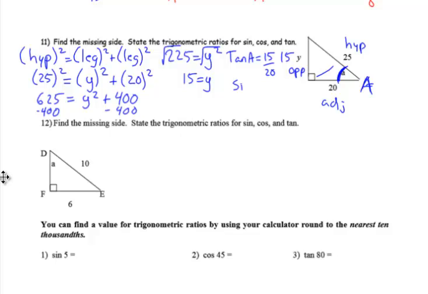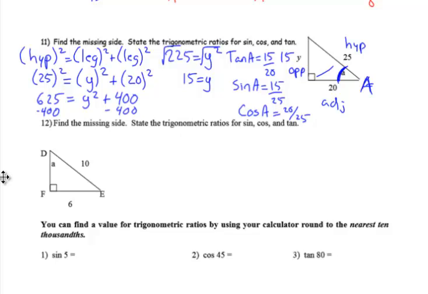Okay, sine of A, sat on her, that's going to be 15 over 25. Cosine, cat, and hollered, adjacent over hypotenuse, 20 over 25. And of course we could reduce all of those fractions. I'm not going to do that right now, but we could do that.